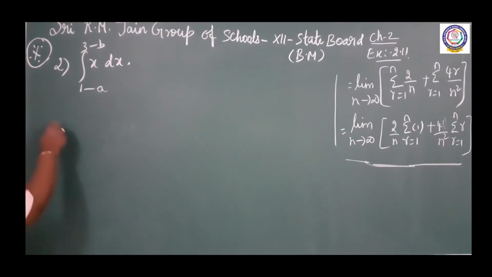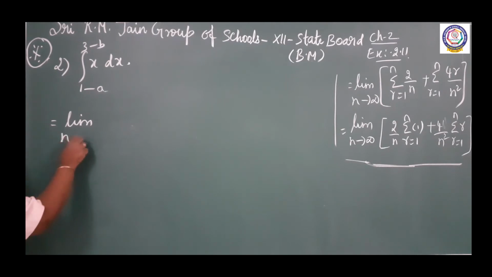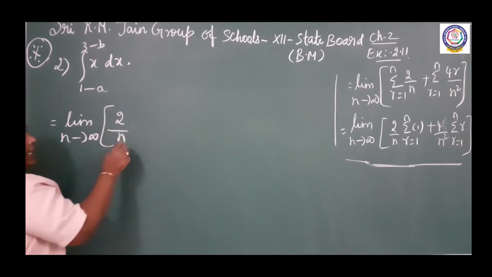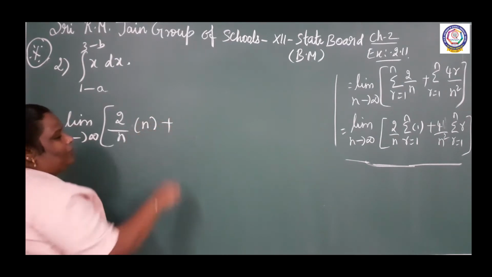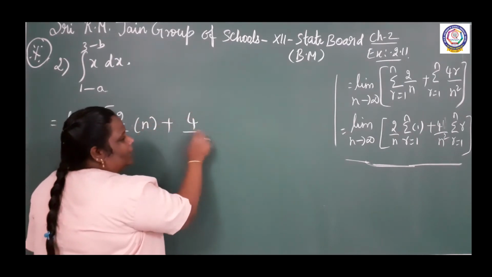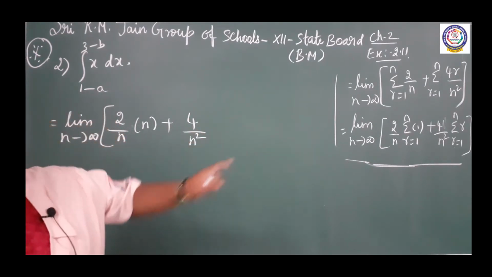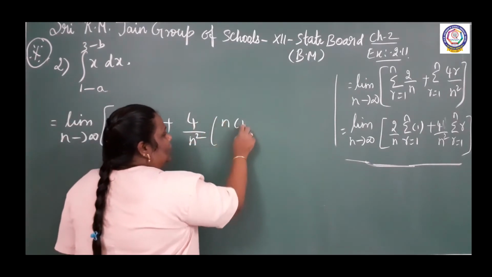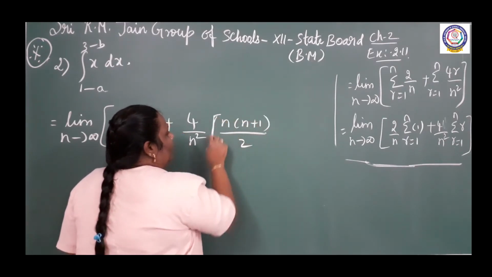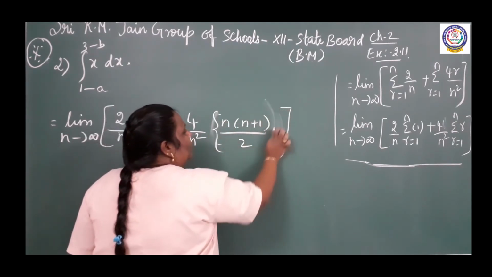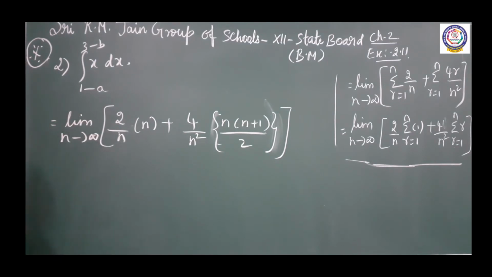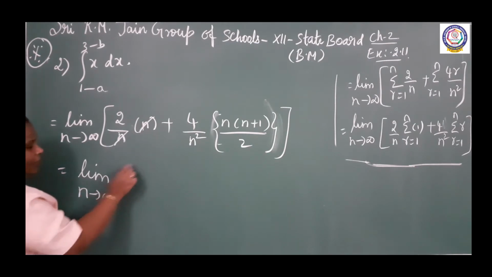See here, limit n tends to infinity of 2 by n into sigma r equal to 1 to n, plus 4 by n square into sigma r equal to 1 to n r. What is the value? Sigma r is n into n plus 1 by 2. So n gets cancelled.